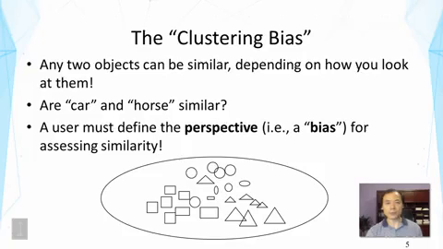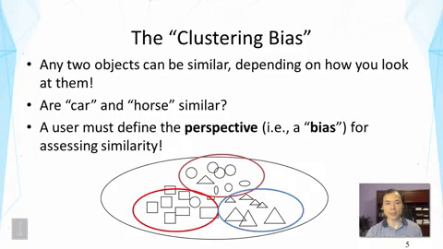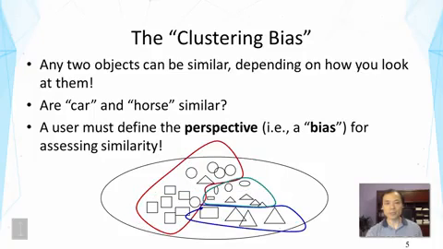For example, you might think, well, we can still group by shapes, so that would give us a cluster that looks like this. However, you might also feel that, well, maybe the objects can be grouped based on the sizes. So that would give us a different way to cluster the data if we look at the similarity in size.